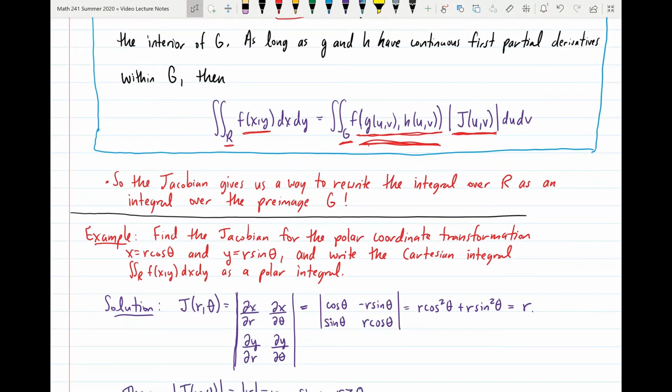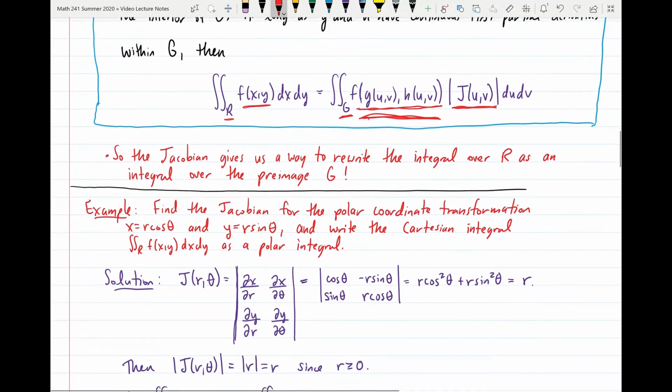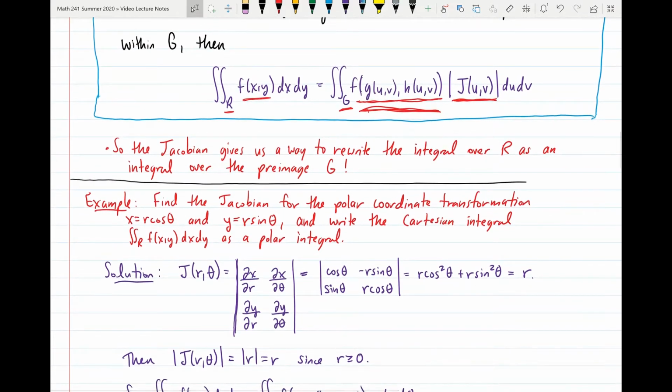So the Jacobian gives us a way to rewrite the integral over R as an integral over the pre-image G. And this is why we define the Jacobian in the first place, because it's pragmatic. It gives us this relationship between the two integrals.